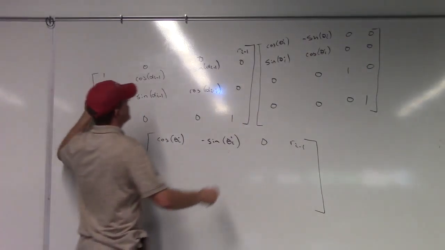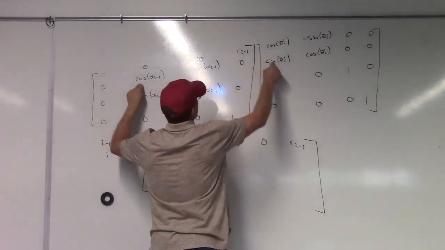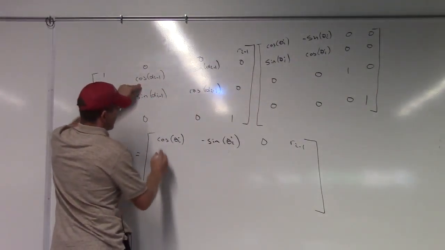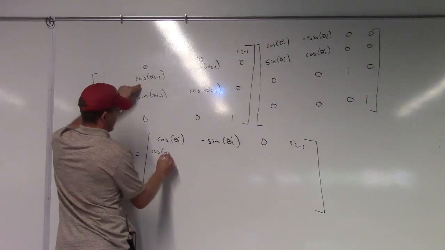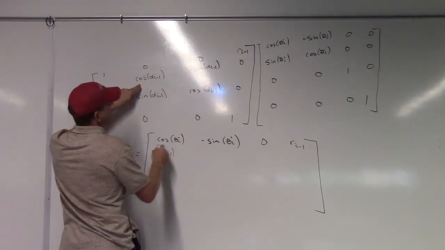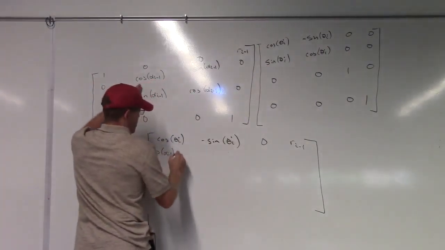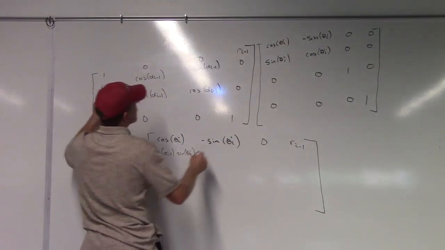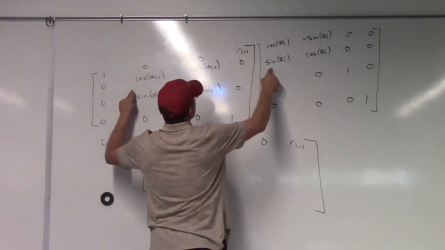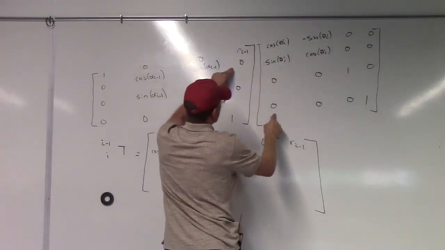Second row then is 0 plus, let's see, cosine of alpha i minus 1 times sine of theta i, and 0 and 0.